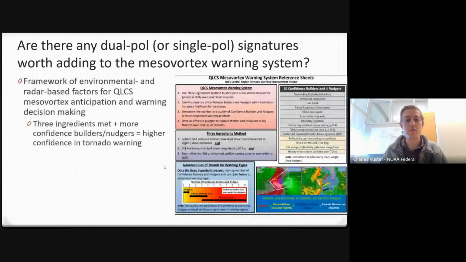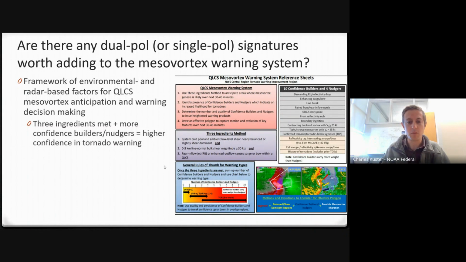Just a quick little review on the Mesovortex warning system. It's basically a framework that takes in environmental and radar-based factors to give some warning guidance for QLCS mesovortices. Really, the best rule of thumb would be if you have the 3 ingredients met, which is a surge in the convective line, balanced or slightly shear dominant regime, as well as the 0 to 3 kilometer bulk shear vectors being 30 knots or greater.